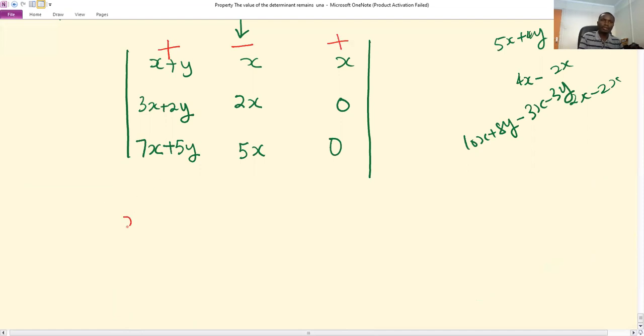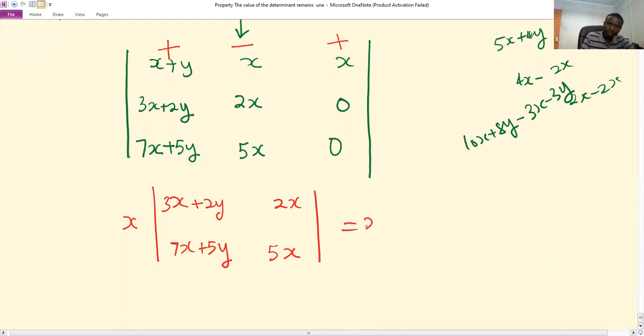So I'll have x times the determinant of 3x plus 2y, 2x; 7x plus 5y, 5x, which will be x into 15x squared plus 10xy minus 2x into 7x plus 5y.